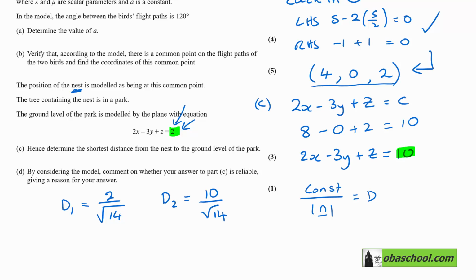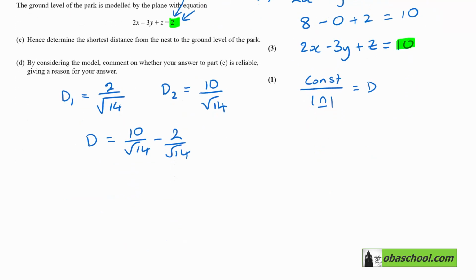The fact that they're both positive tells us that the planes are on the same side as the origin, and therefore the distance between them is going to be 10 over root 14, take away 2 over root 14, and that is going to give us 8 over root 14, which is 8 root 14 on 14, which is 4 root 14 on 7.